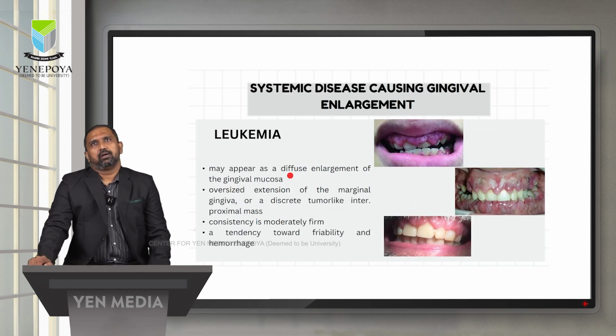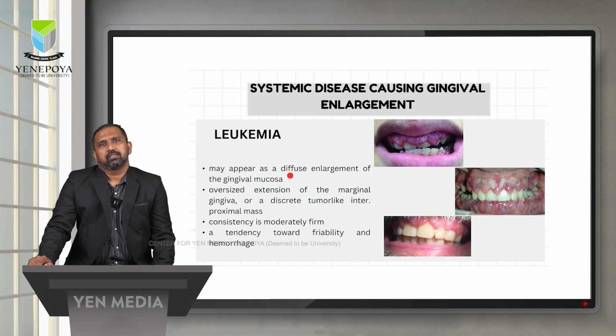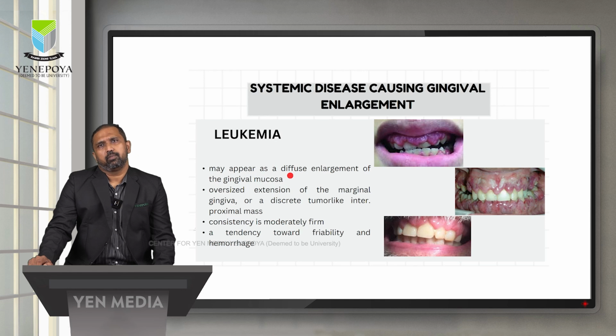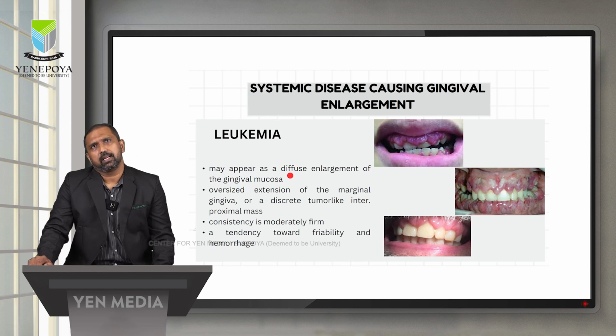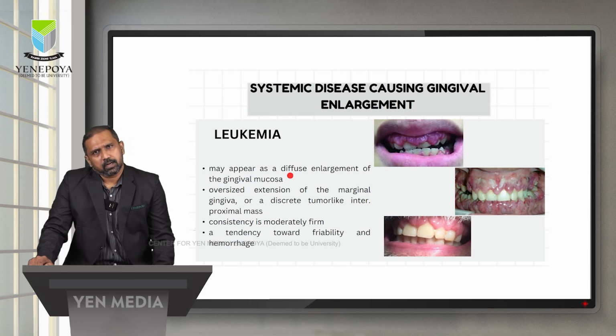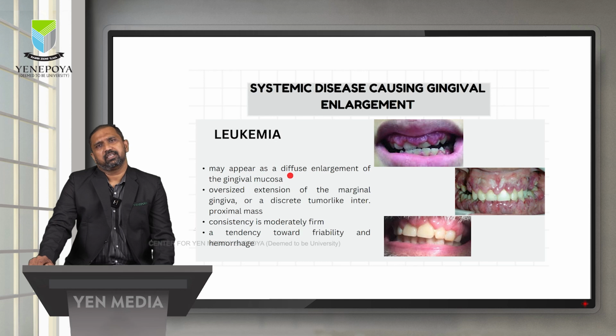Some of the systemic diseases can cause gingival enlargement. Leukemia is one of the common conditions, usually manifested as a severe gingival enlargement in the oral cavity. It appears as a diffuse enlargement involving almost all the gingival tissues, with oversized extension of the marginal gingiva. Sometimes it may appear like discrete small tumor-like lesions in the initial stages, and in later stages it involves the entire oral cavity or the entire dentition.